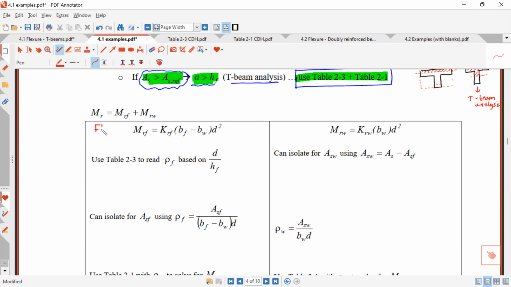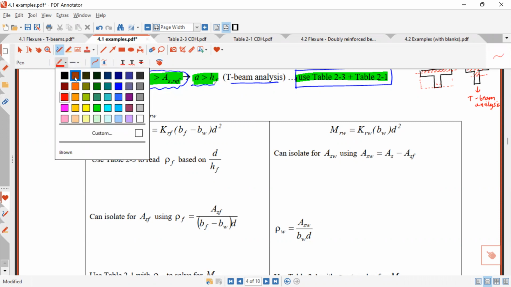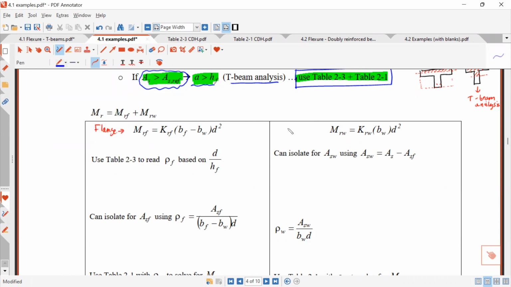So this part here is for the flange. And this part here, over here, is for the web. Okay, so the way this works is the total steel that we have here, the total AS is 830 M, which we had found is 5,600 millimeters squared.